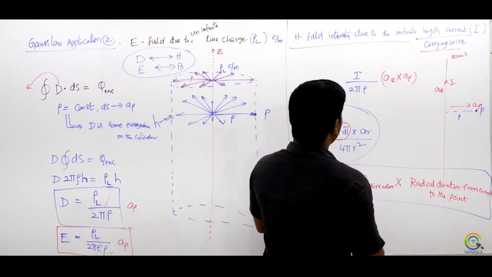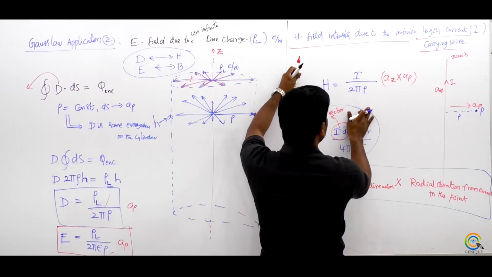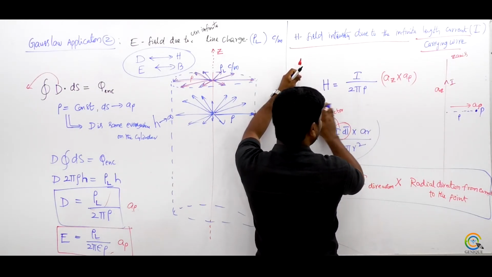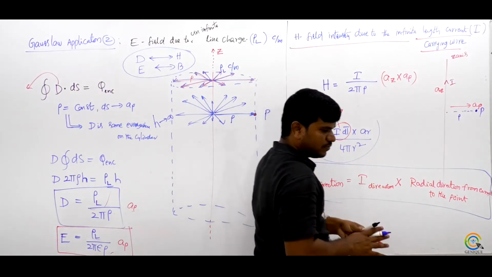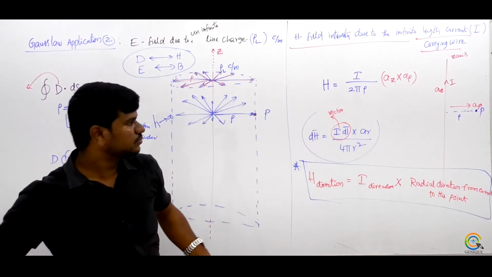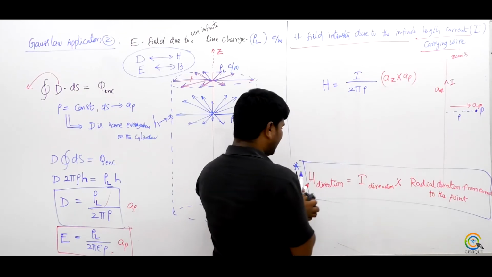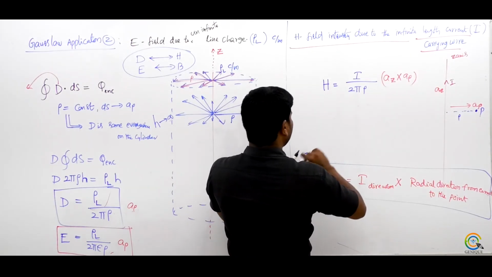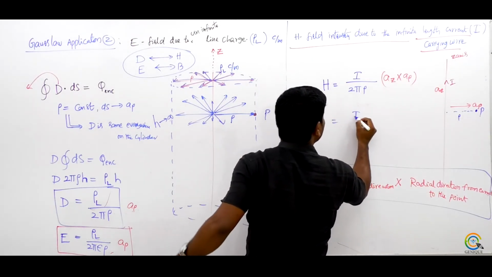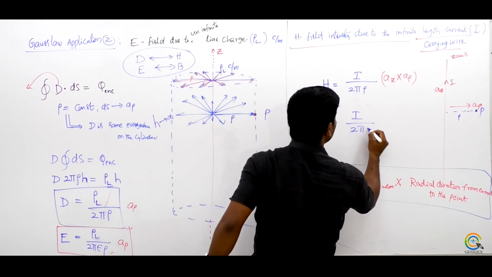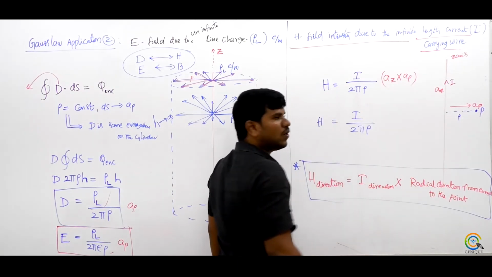So from this, what can I write? This is equivalent to H is equal to I divided by 2 pi rho, a_Z cross a_rho.